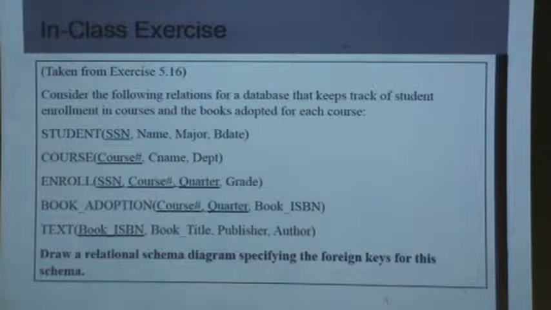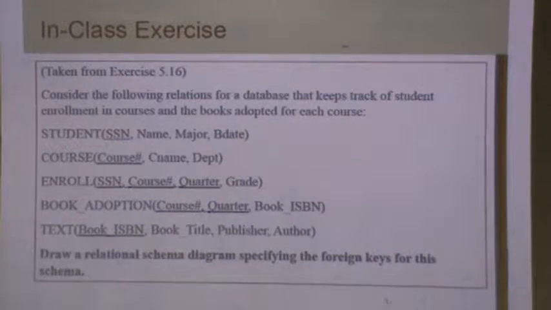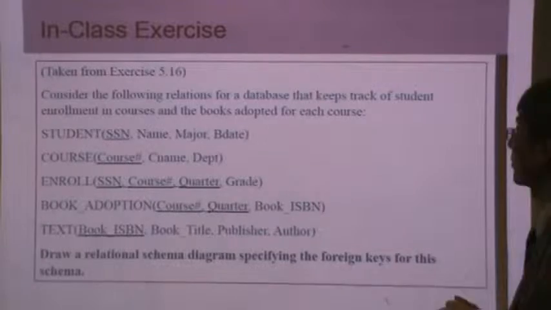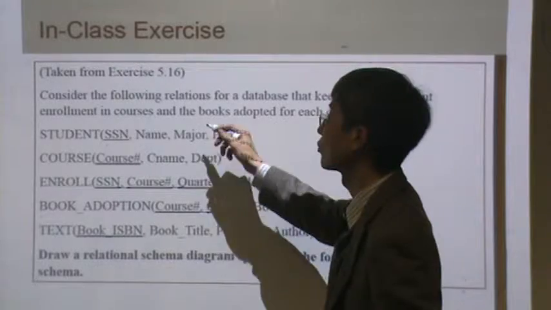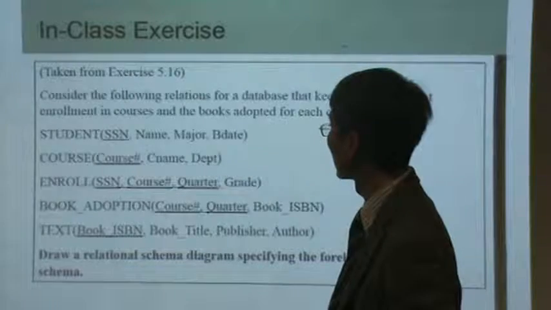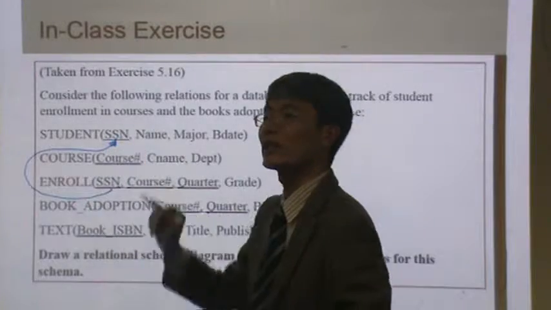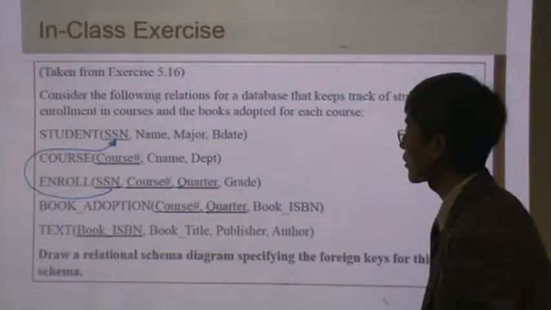Can you imagine? Can you draw the foreign keys based on the names of the attributes? What can be the first foreign key you can find? Major to department? We do not have a department table, so it's not a foreign key. SSN should depend on this one, so from here it references.